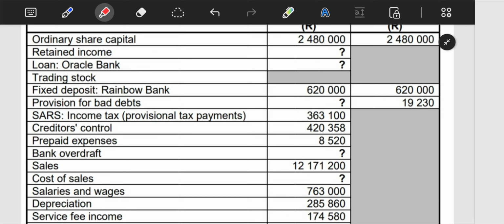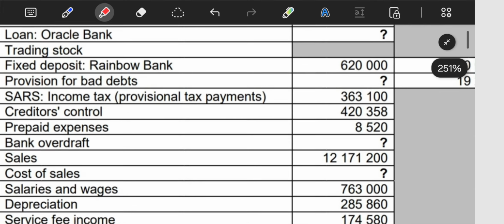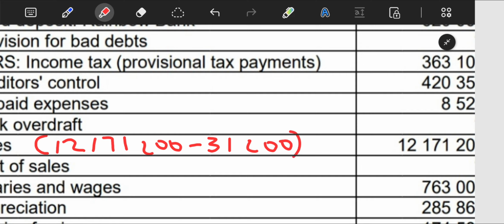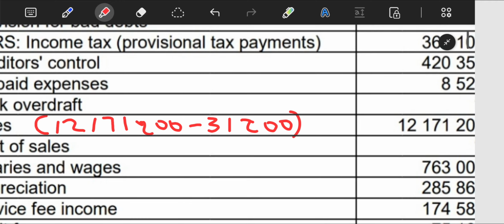It means that when you have your adjustment on your income statement for sales, you are going to have 12,171,200 minus 31,200. When you do your income statement, you are going to have this adjustment. Right.